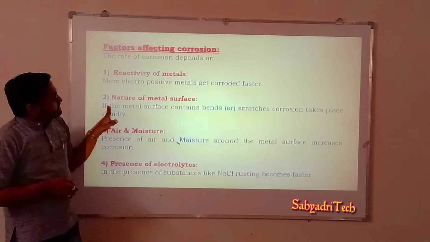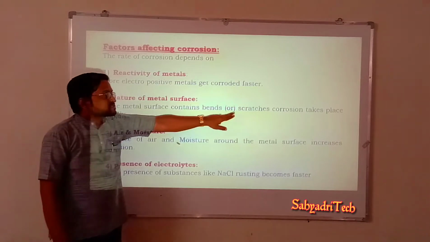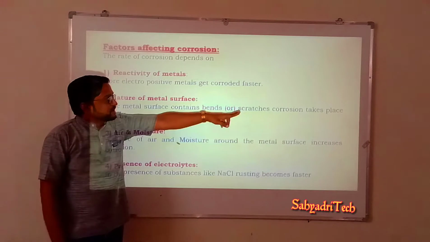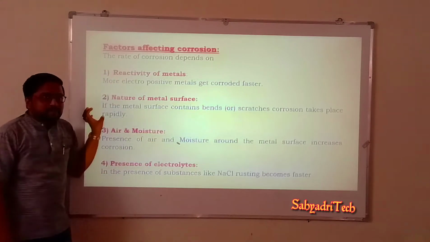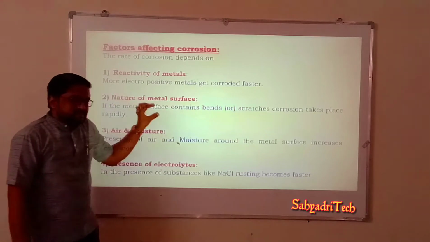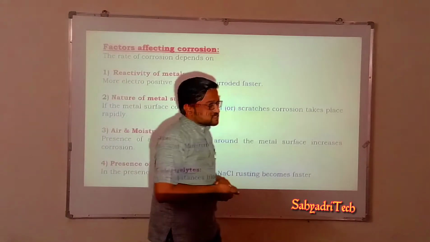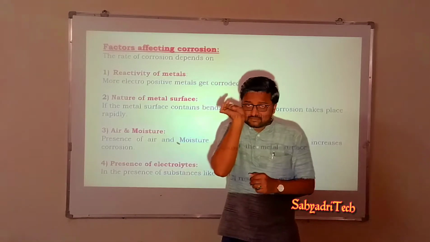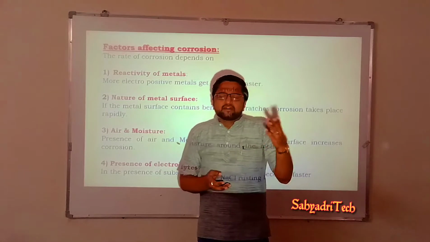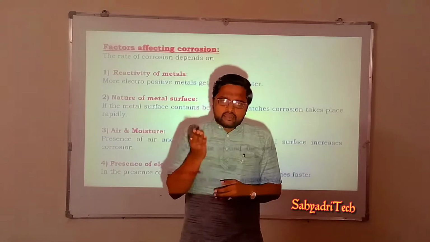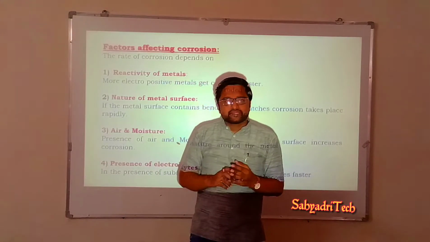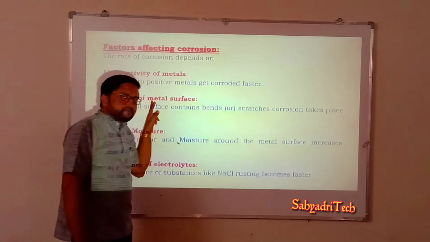So if the metal surface contains bends or scratches, generally imperfections, corrosion takes place rapidly. Nature of the metal surface means we are considering imperfections. The larger the imperfections, the more readily the metal corrodes. The lesser the imperfections, the more slowly the metal corrodes. That is the second factor, nature of the metal surface.